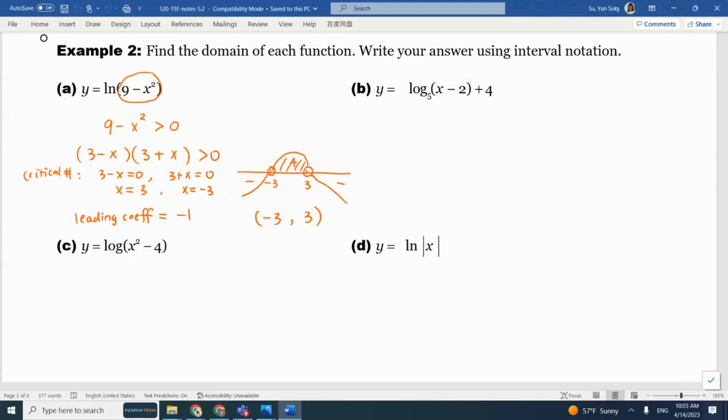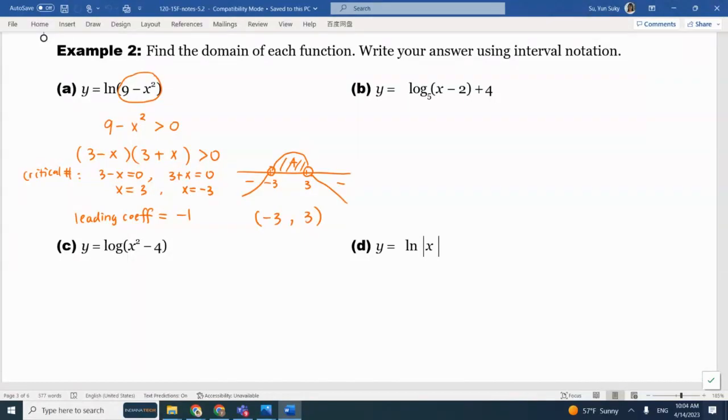Last time we did problem part A. We put the inside greater than 0, and this is how we solve a polynomial inequality. We move all the terms to one side, factor it, find the critical numbers, and plot those critical numbers on the real number line. It is greater than, so open circle. Then we look at the leading coefficient.